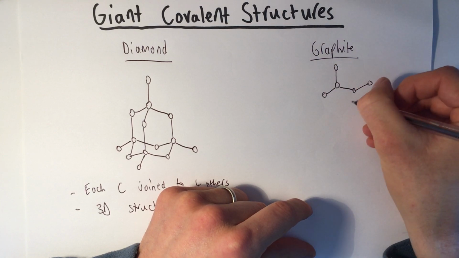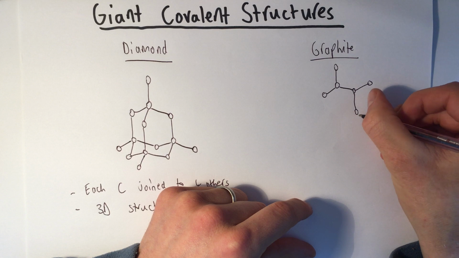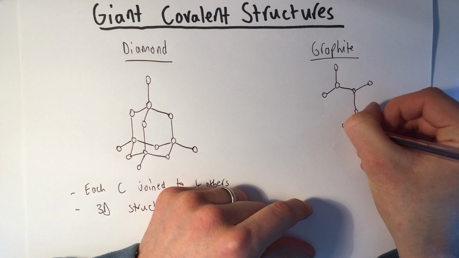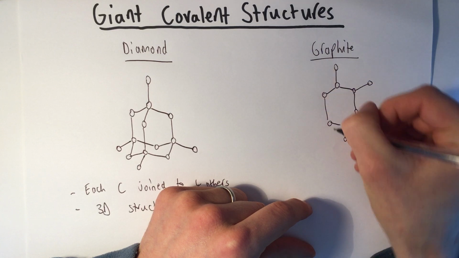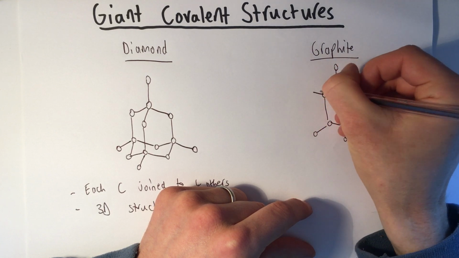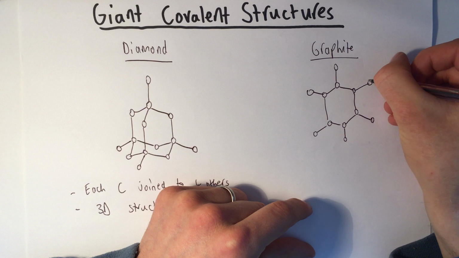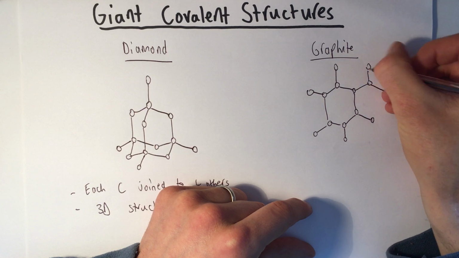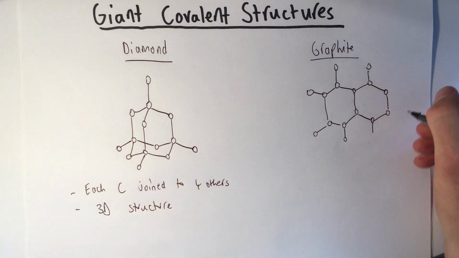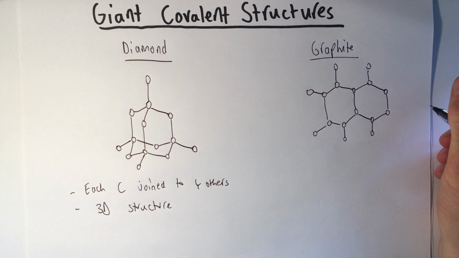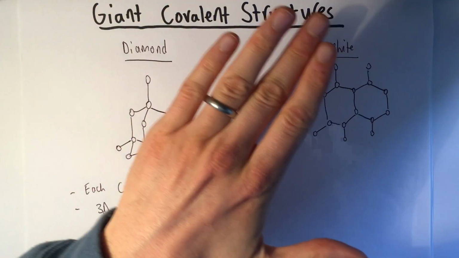So if I kept drawing them, each one being bonded to 3, we'd see pretty soon that we end up with a pattern of hexagons. It looks basically like a honeycomb. So this is a flat structure in this case. In this case, it would just form a 2D layer.